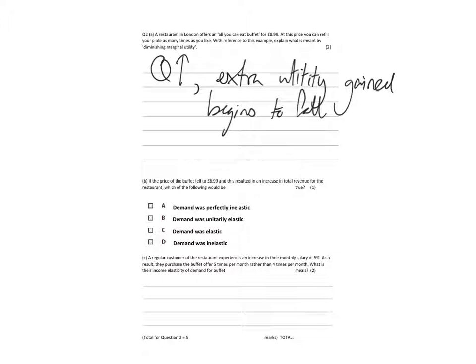What that does mean then is that the total utility is still increasing. Otherwise it'd be unlikely that we would continue to consume additional plates, but all that's happening is it's rising at a slower rate.